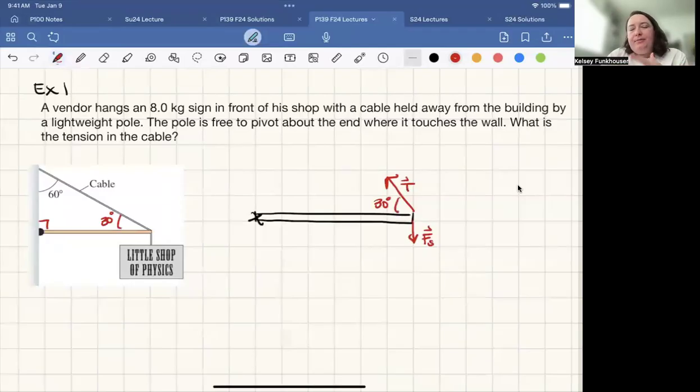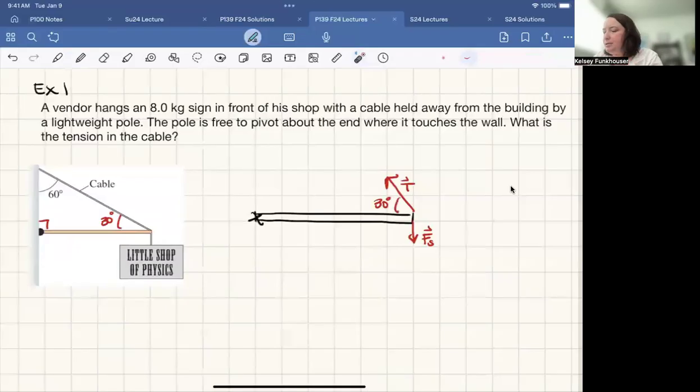That fact and also that they didn't give us the mass of the pole are why we can ignore that. But if it says uniform pole of mass so-and-so, we would put that force right here in the middle.